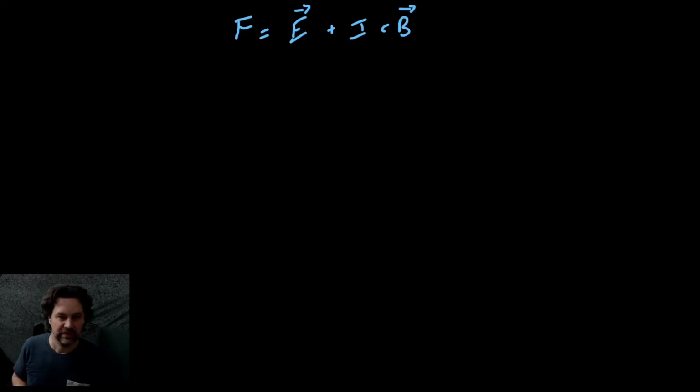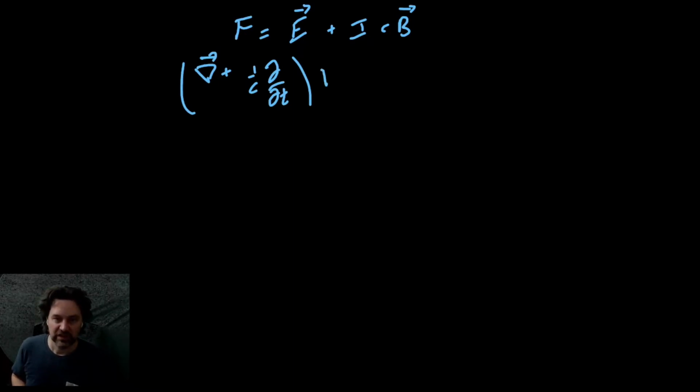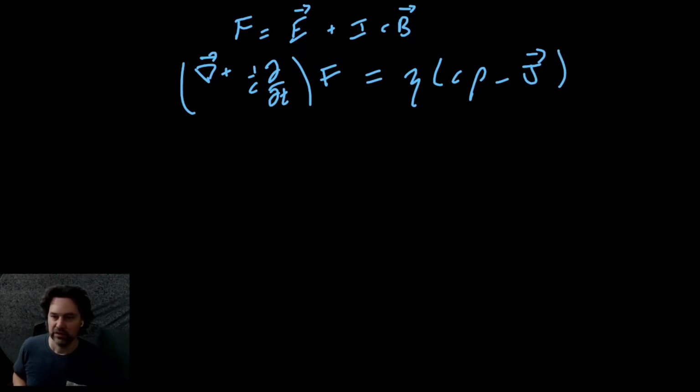We also had a current and a differential operator. Our differential operator was the gradient plus 1 over c d/dt. Like the current density, we had a multivector space-time gradient, which acting on F was eta c rho minus J. Here is our charge density, and this is our current density.